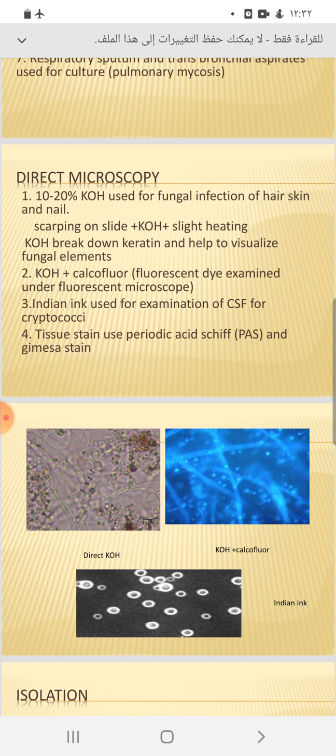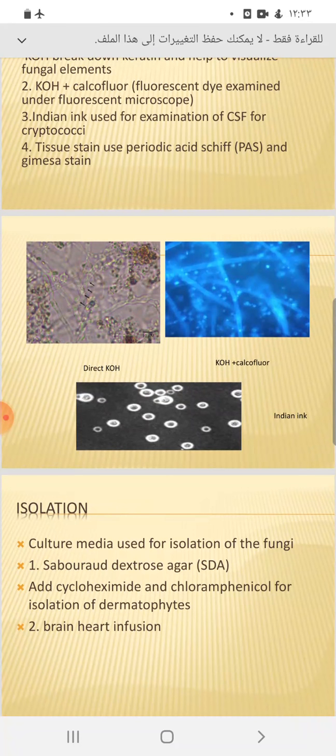This stain is used for the demonstration of the capsule of Cryptococcus neoformans in CNS infection. Number 4, tissue stain by using periodic acid-Schiff and Gomori methenamine silver stain. These pictures show the slides, which are prepared usually by the direct KOH, the KOH plus calcofluor, or by Indian ink.